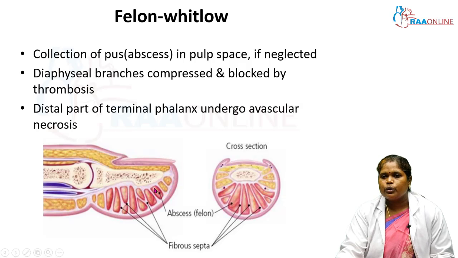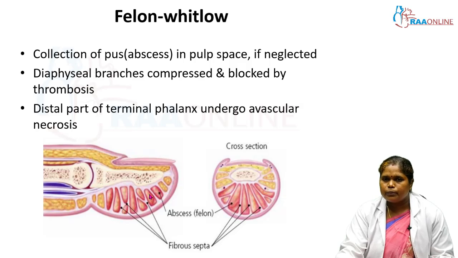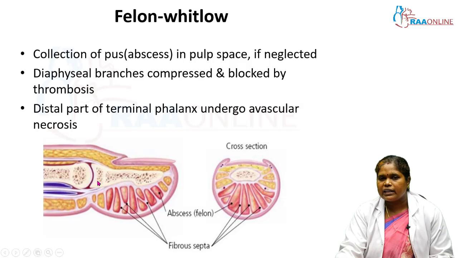Just remember. So, in the case of neglected or long-standing felon or whitlow, the blood supply to the distal phalanx will be affected. So, this distal part will undergo avascular necrosis if it is untreated. But what happens to the base of the distal phalanx? It will escape from the avascular necrosis, because I told there will be a separate epiphyseal branch which will arise before entering into the pulp space, and that branch is going to supply the base.